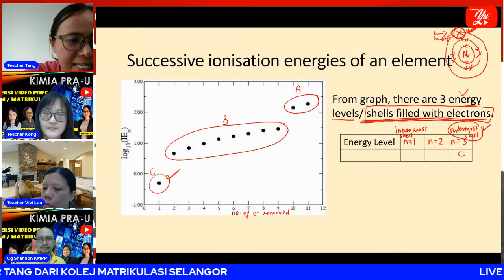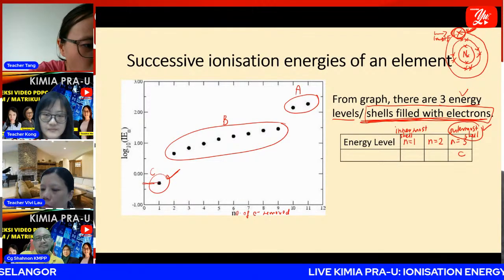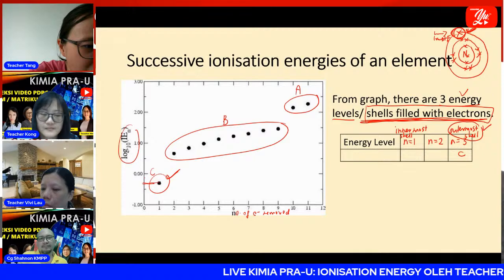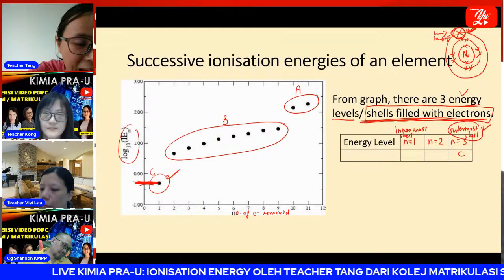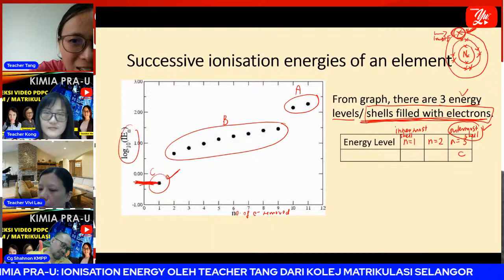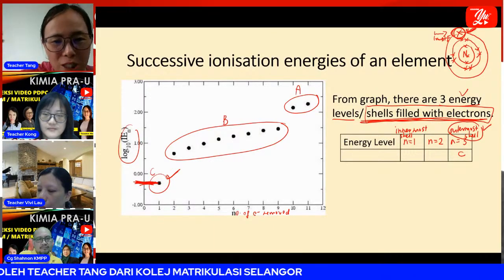So A, B, C, can you see that C has the lowest level of energy? If it has the lowest level of energy, that means it is the outermost shell.